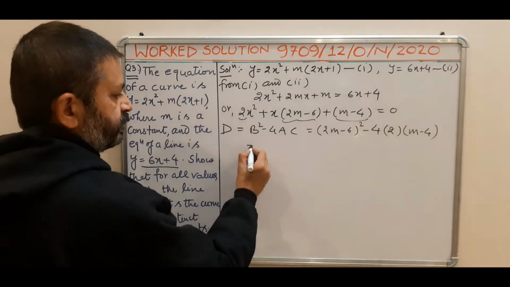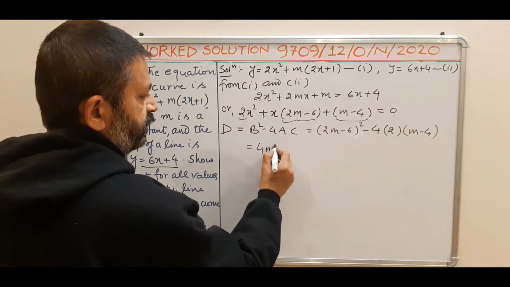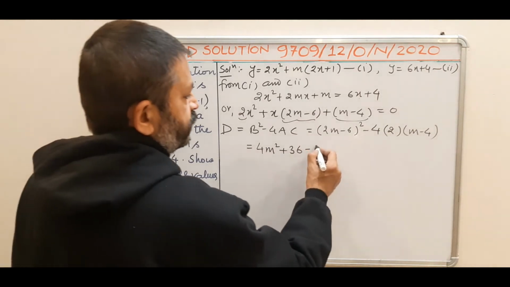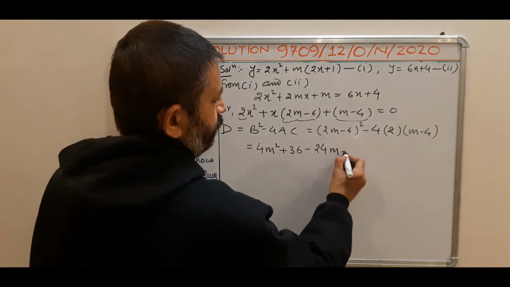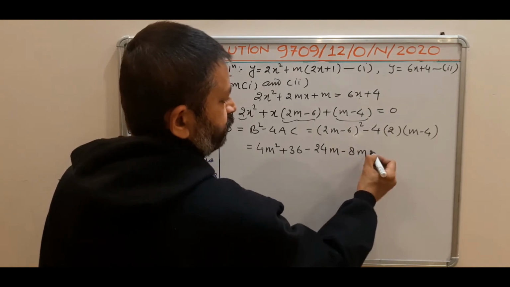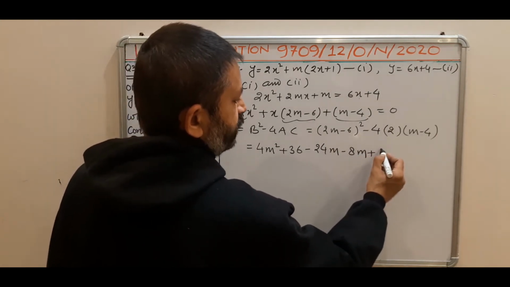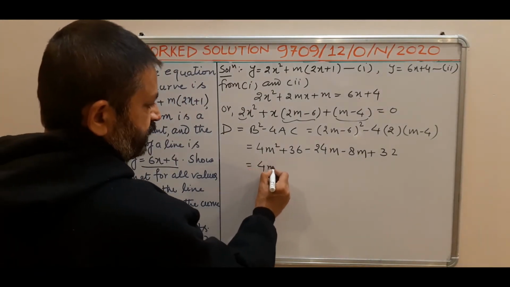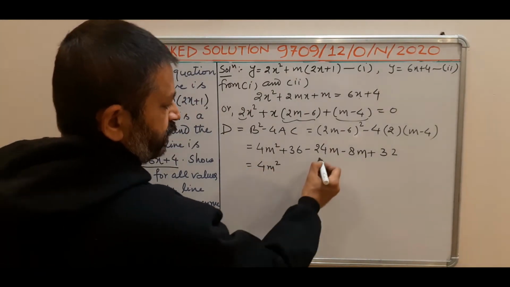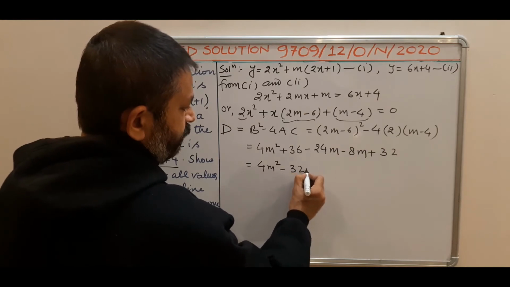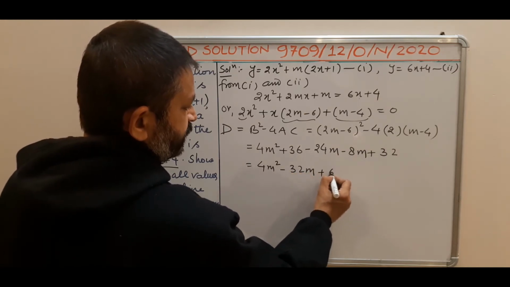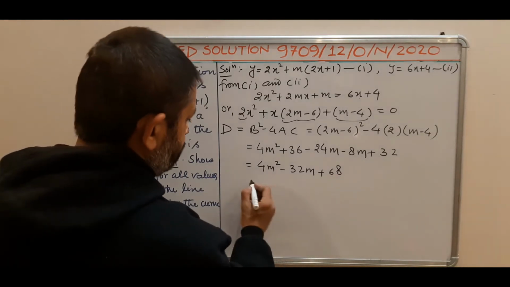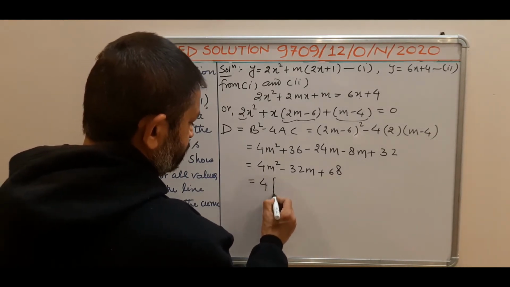Find this value. It will become 4m² + 36 − 24m − 8m + 32. Now it is 4m² − 32m + 68. Now in these three terms 4 is common, so just pull this 4 out.